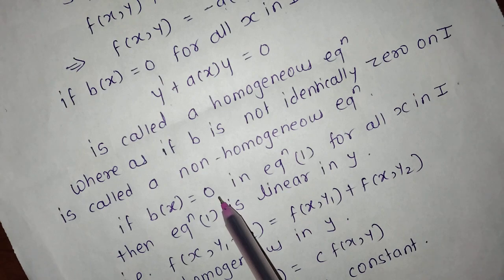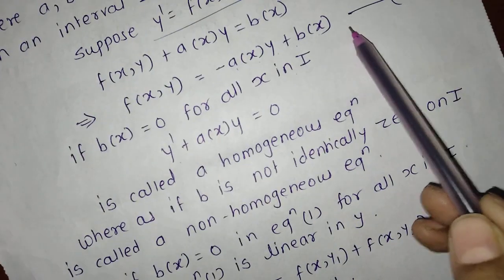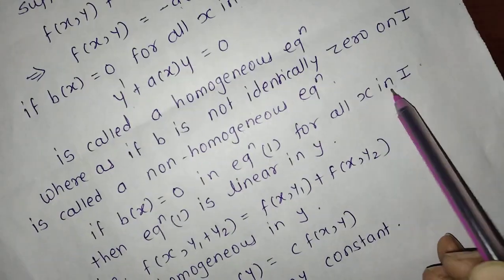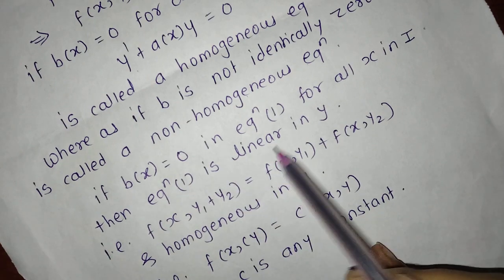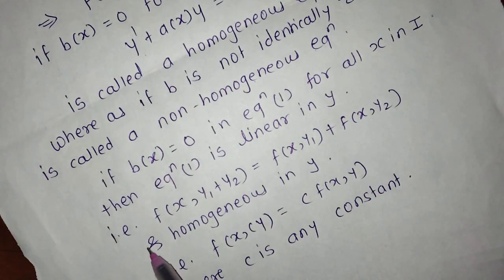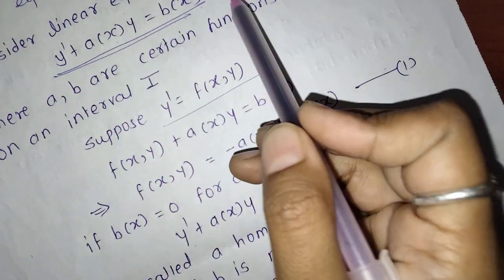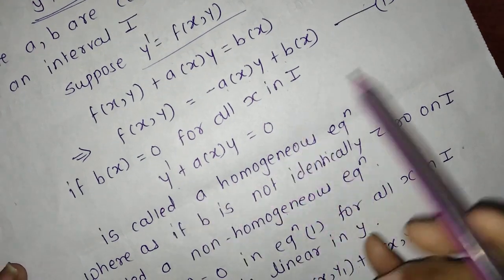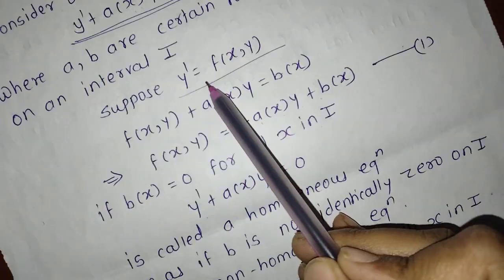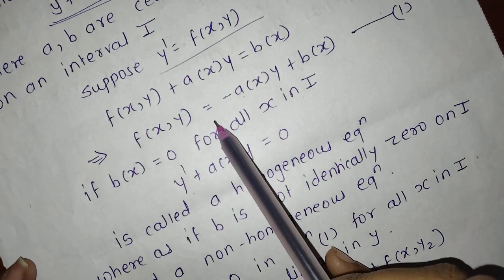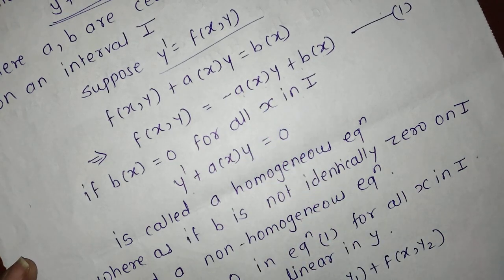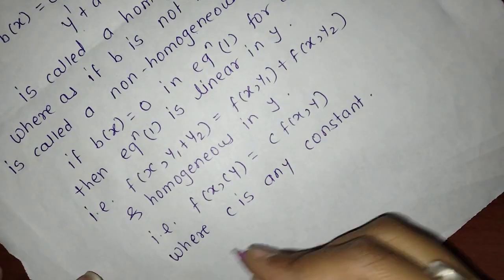If b(x) = 0 in equation 1 for all x in I, then equation 1 is linear in y. That is, suppose b(x) = 0, then y' + a(x)y = 0, which implies y' = f(x,y) = -a(x)y.